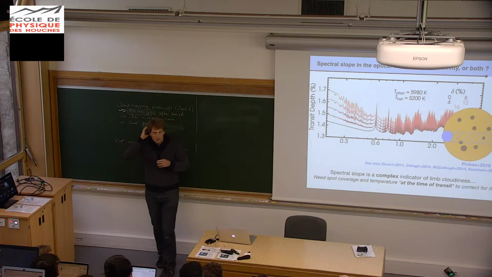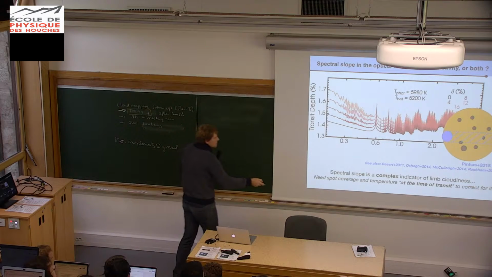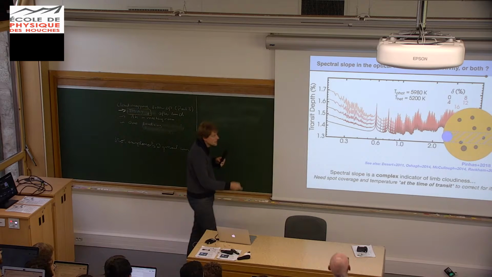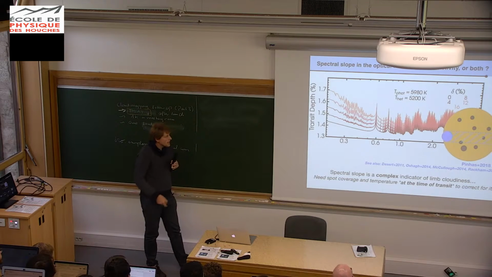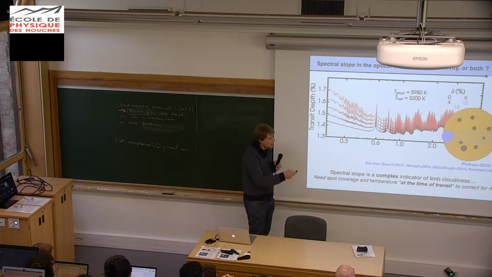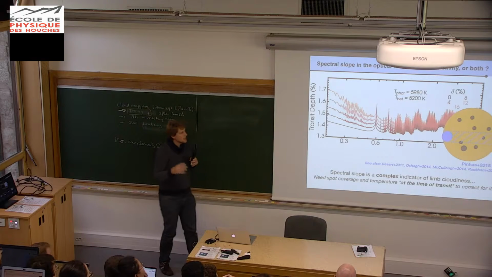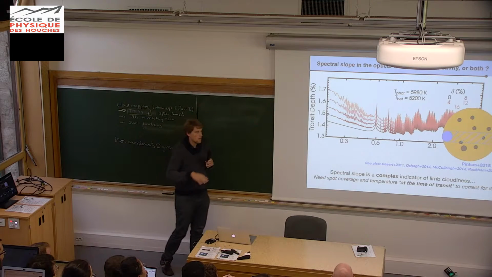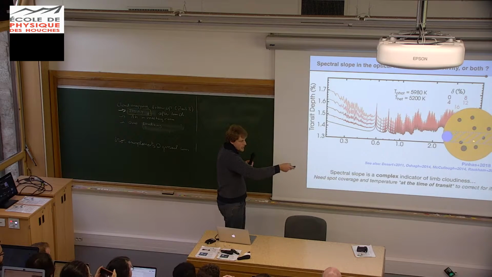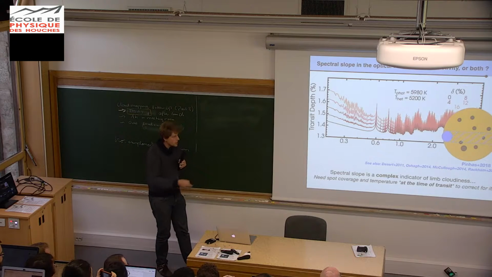What Ben Rackham was telling us, and he has a poster on it, and it's been something that people have been looking at since the beginning of transit observations, is the effect of stellar activity and unocculted spots. They can mess up the optical slope that you have here a lot. It's basically if your planet crosses a part of the star that is not representative of the mean brightness of the star, so you have more spots outside of transit than inside of transit, then you induce spectral features in the transmission spectra.